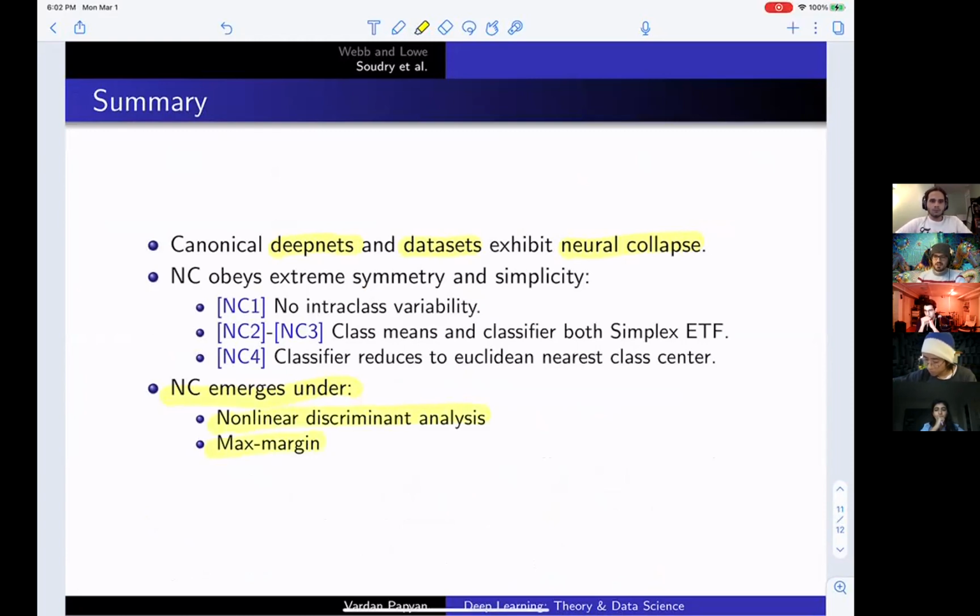It's a special case of these two results if you're assuming that the features converge to the simplex ETF, which is a reasonable thing to assume since we've seen that in practice. That's it. Thank you very much.